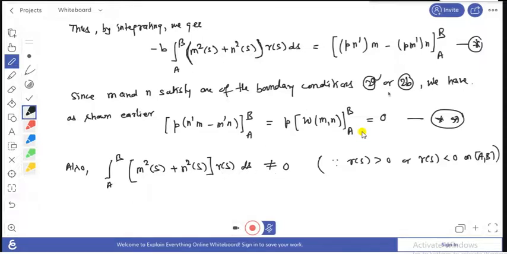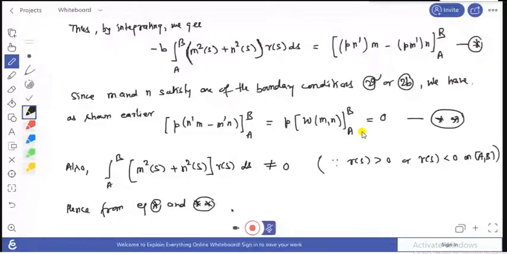If this equation equals 0 and this portion is non-zero, this means b equals 0. Hence we conclude from equations star and double star.